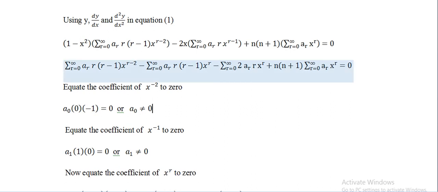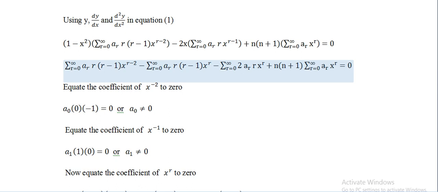Now similarly we'll equate r equal to 3, r equal to 4 and so on. So finally we'll take x raised to r, or we'll equate the coefficient of x raised to r here. So here the second, third and fourth terms contain x power as r, but only the power of x is different in the first term here.